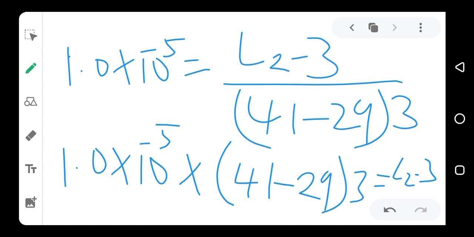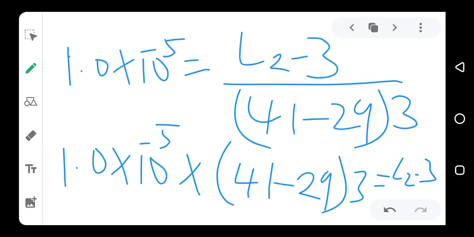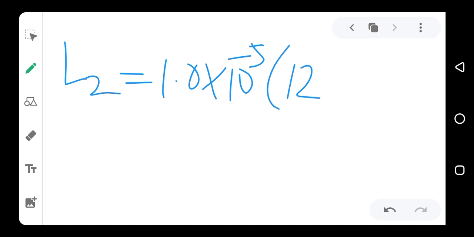And so we are going to have that L2 is equal to 1.0 times 10 raised to power minus 5 times 12 times 3, then plus 3.